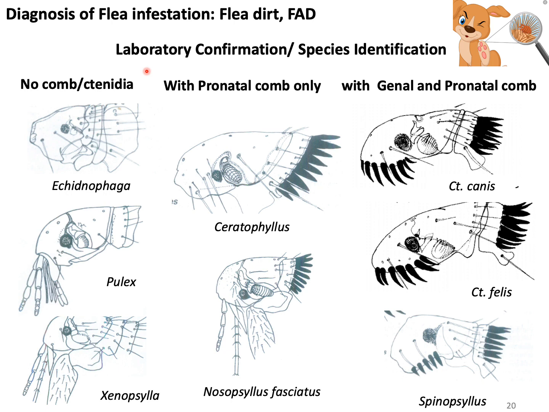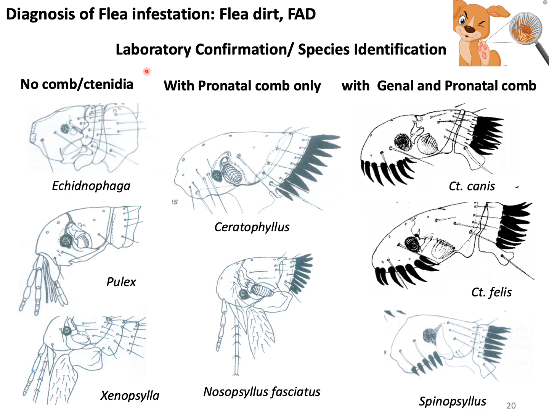For doing so, you have to take the skin scraping, and after processing, you should examine the skin scraping under the microscope, and if you see a specific mite based on their morphology, you can consider whether it is due to the flea or the mite.